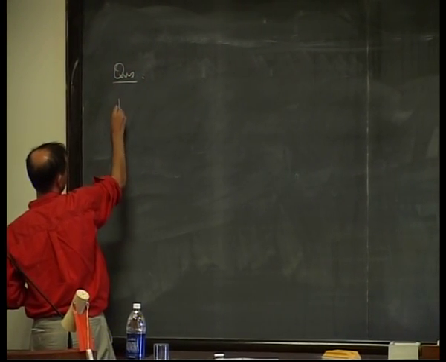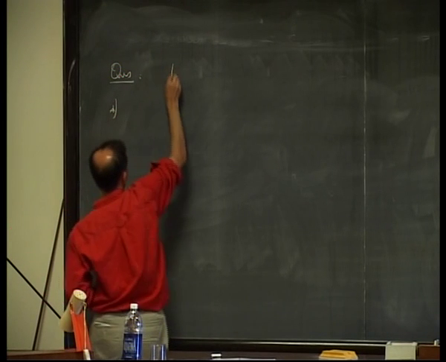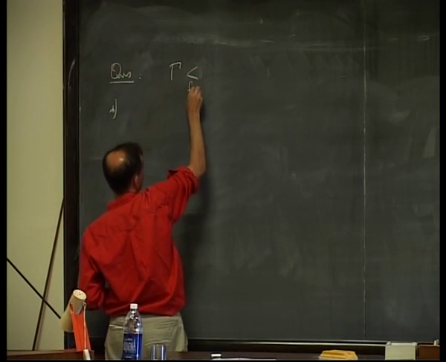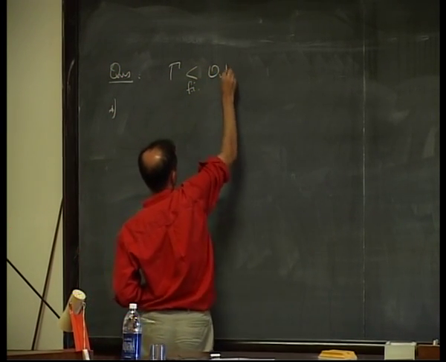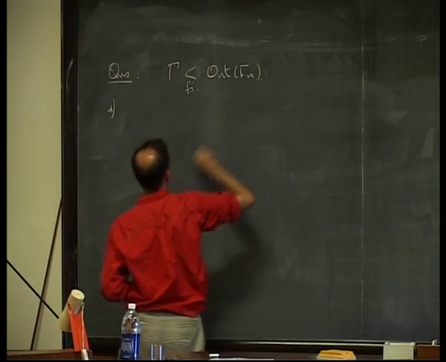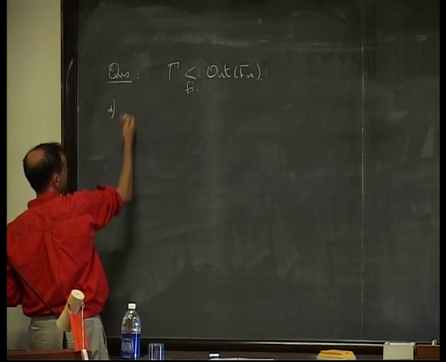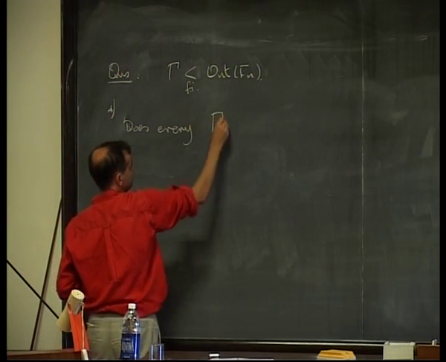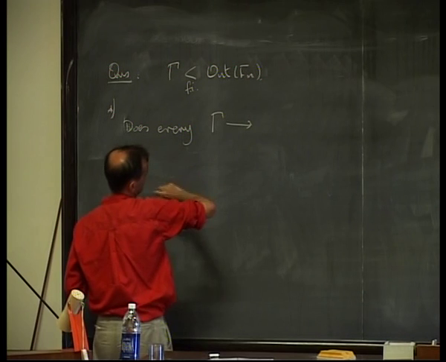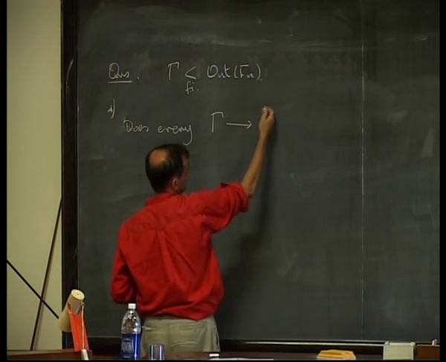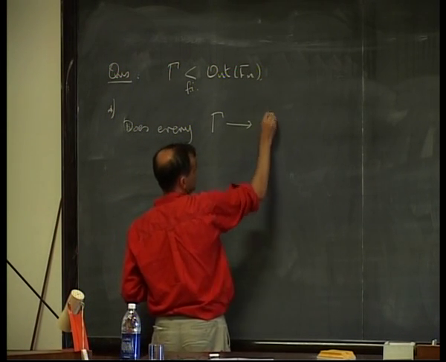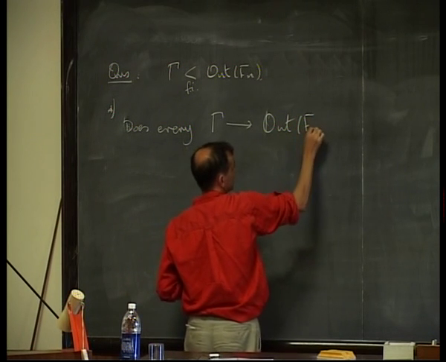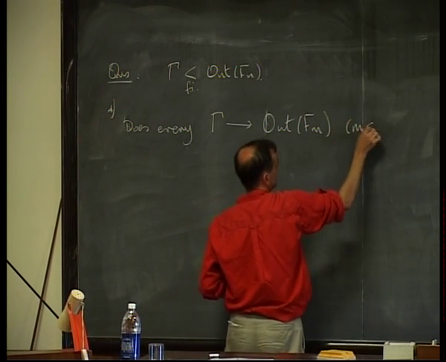So for example, always I'm taking, let me just stick to Out(F_n). Take a finite index subgroup Gamma of Out(F_n), and you might ask, does every map to Out(F_m) with m less than n have finite image?